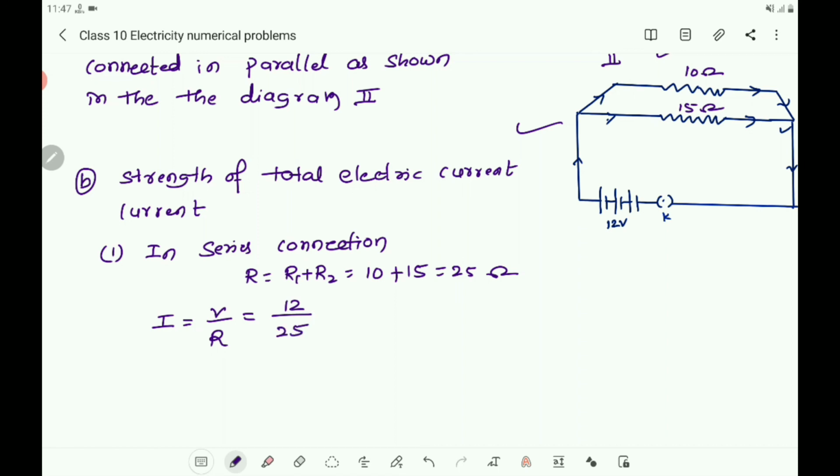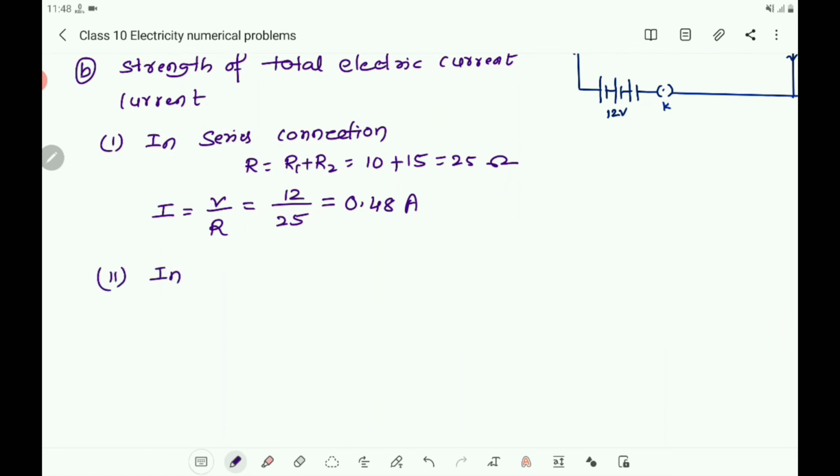Then 12 divided by 25, you will get 0.48 amps of current in the series connection. Next you take the second one, parallel connection.